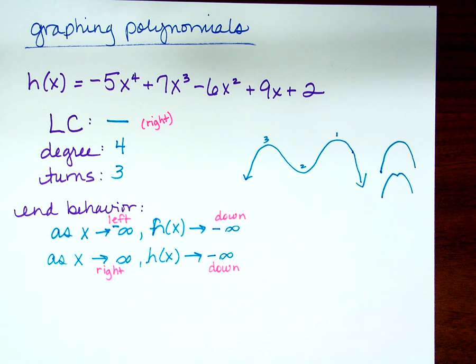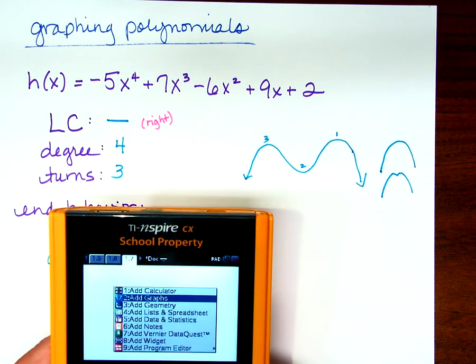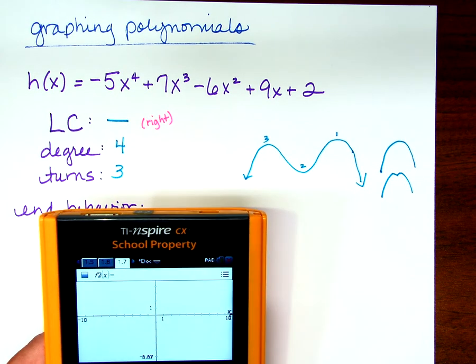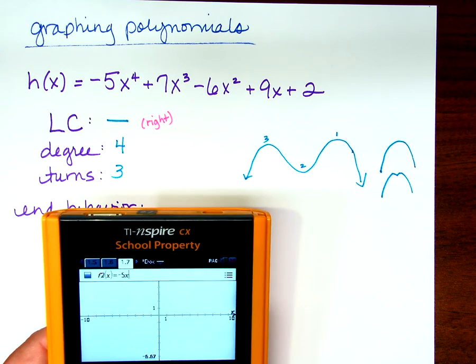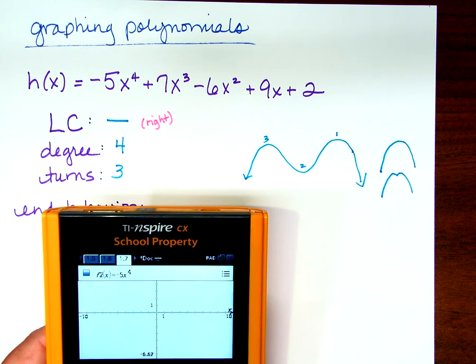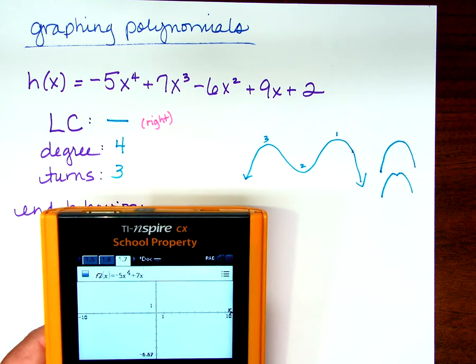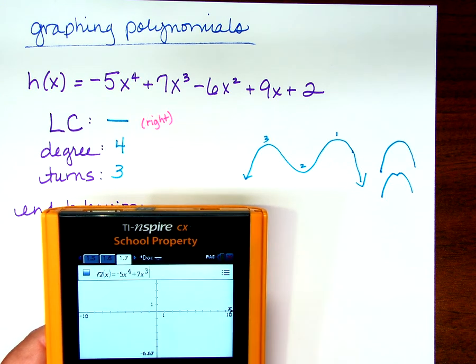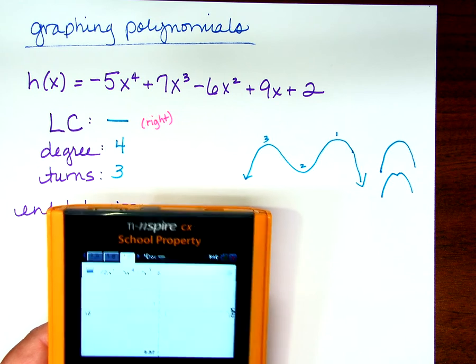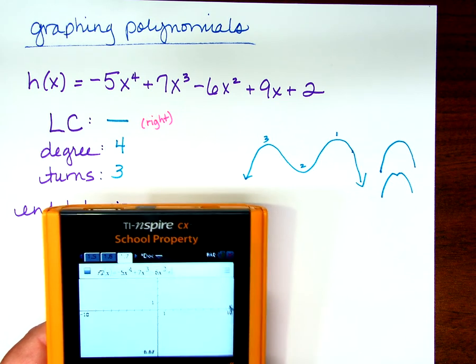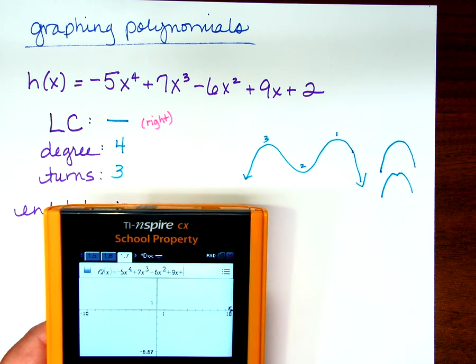So if I add a graph here, I'm going to put in negative 5x raised to the 4th plus 7x raised to the 3rd minus 6x squared plus 9x plus 2.